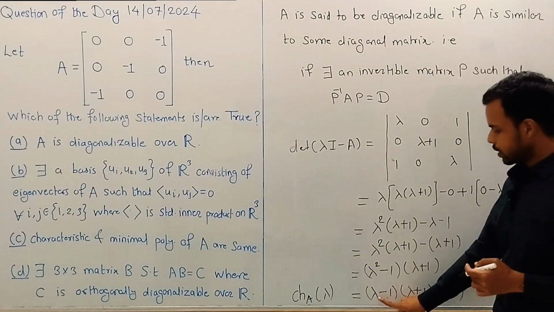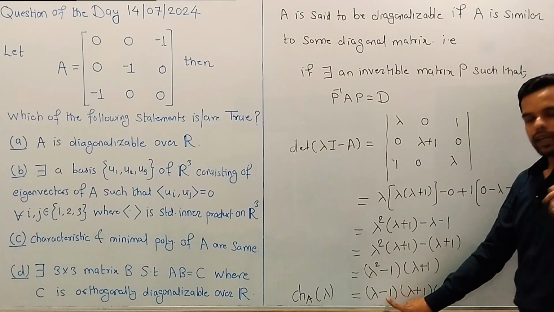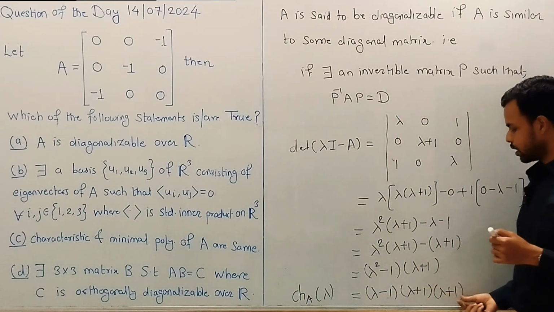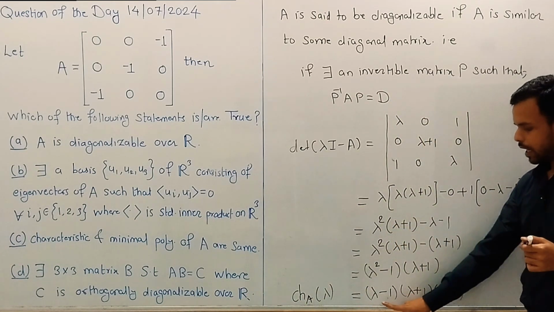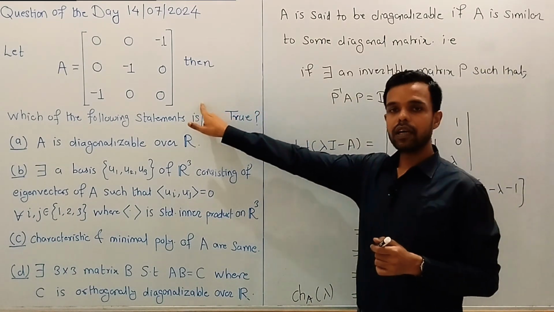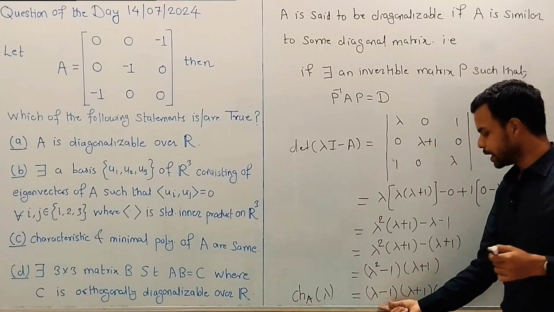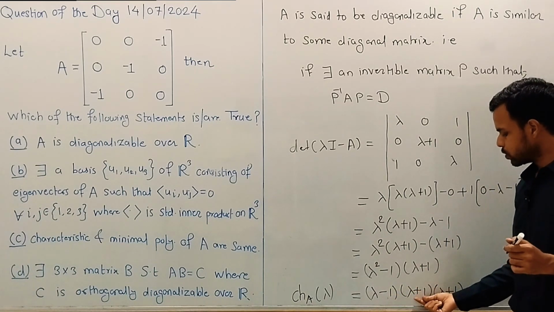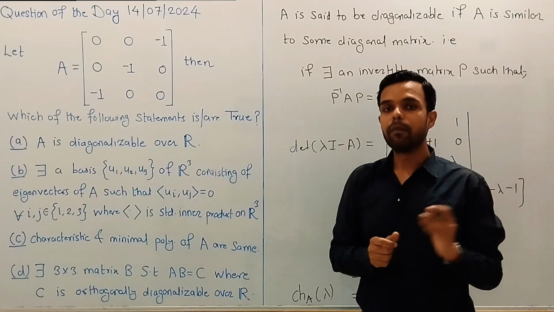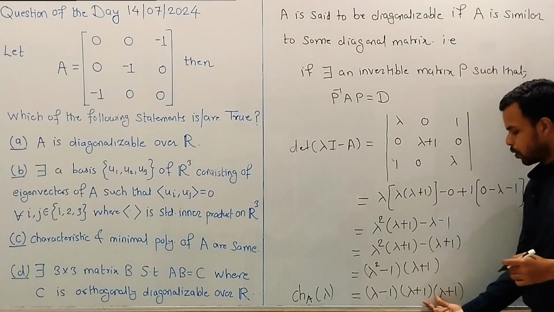And clearly we can see that here lambda equals 1 is a root and lambda equals minus 1 is also a root. So we see that lambda equals 1 is an eigenvalue of matrix A with algebraic multiplicity 1, and lambda equals minus 1 is an eigenvalue of matrix A with algebraic multiplicity 2.